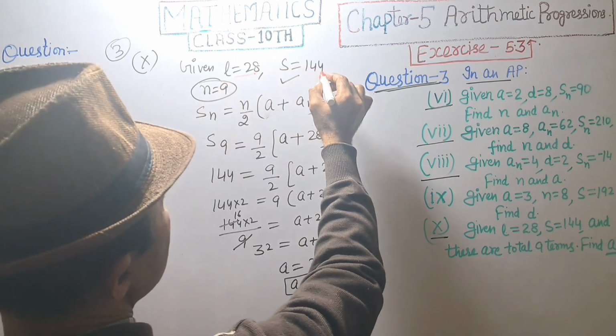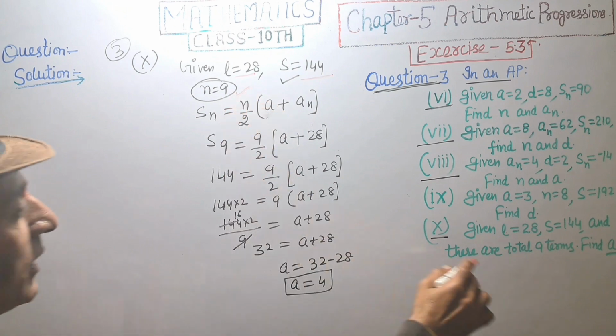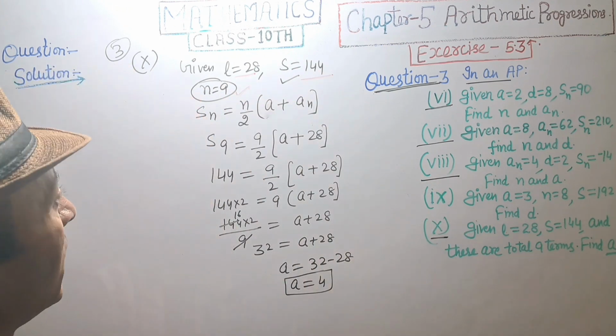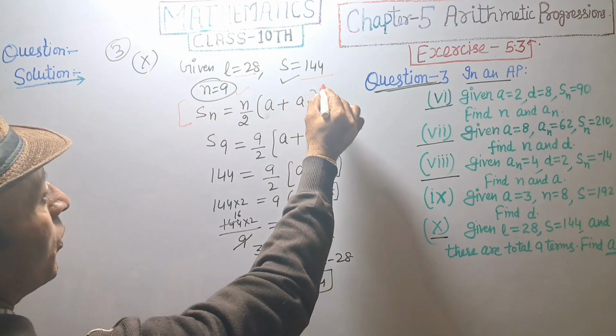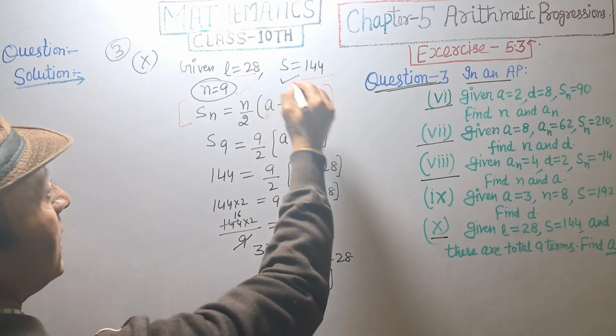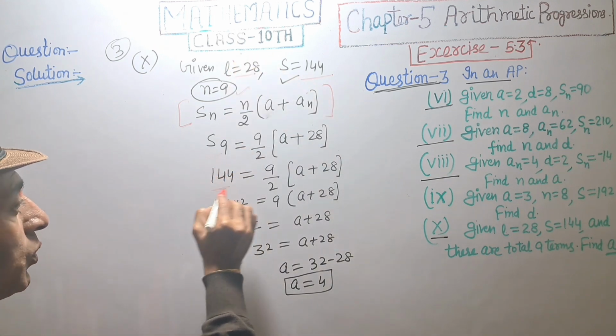Given L is 28 and S is 144, and there are total 9 terms, means N is equal to 9. Using the formula, Sn is n by 2, a plus an. An is L, the last term, and Sn is equal to 144.